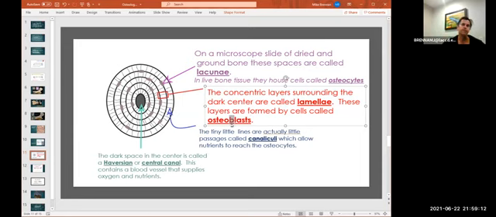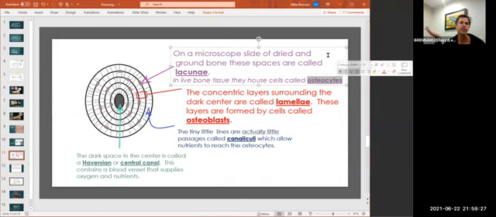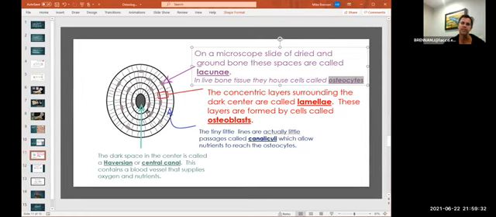So the B is for build. Okay, now once those osteoblasts are done with their construction work, they're going to go away, or they'll just transform into what we call osteocytes, which are like the caretaker maintenance crew. They're just the on-site management company that takes care of the bone tissue.